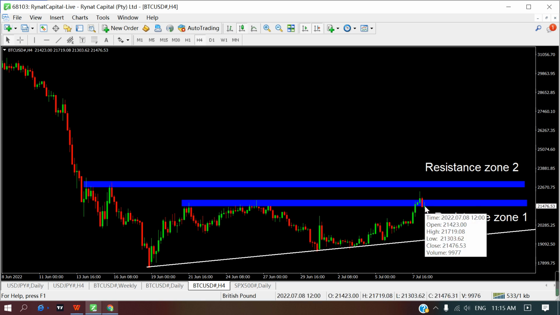If the price is supported, then we may take a long for the next resistance zone. But if the price breaks downward through the resistance zone, then the price may get more pullback. Then we may need to wait until it gets supported another time to trade long.